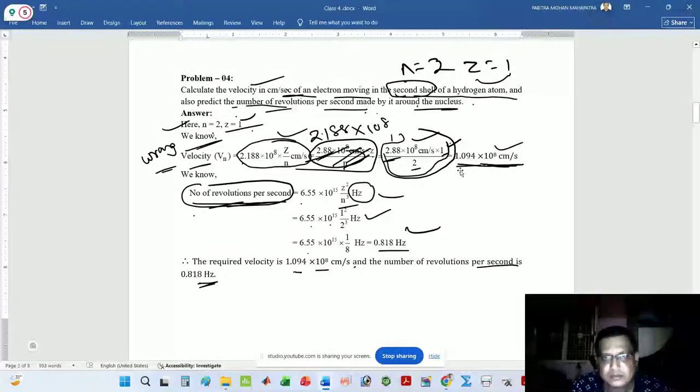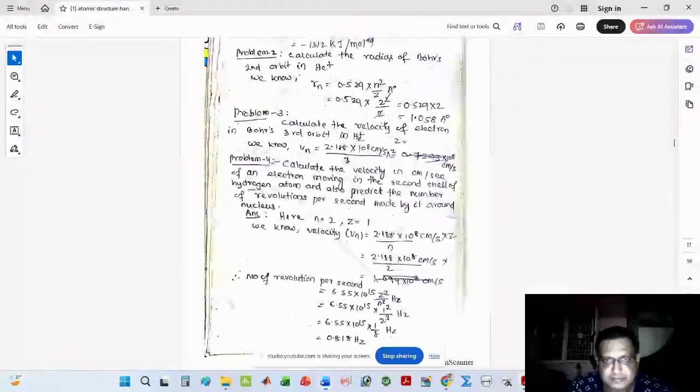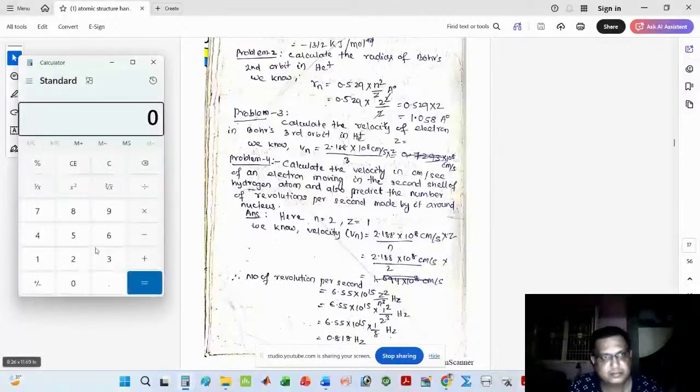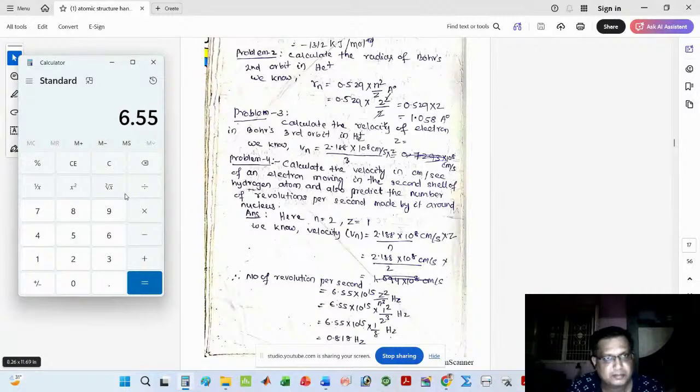Yes, that is missing, 10 to the power 15. If you solve 6.55 divided by 8, then you get 0.818. Yes, that is missing.